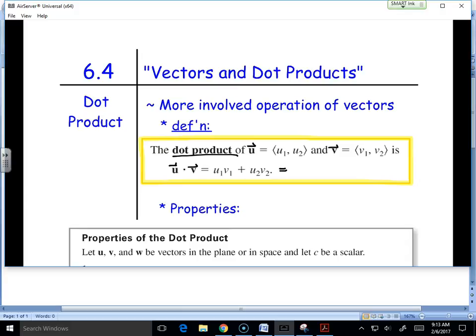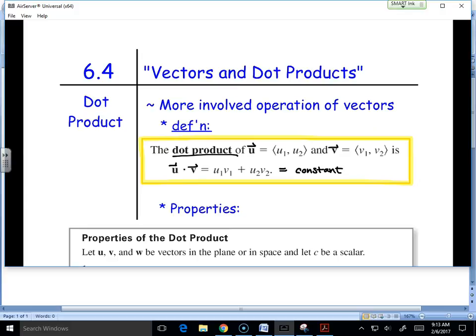But when you multiply 2 vectors together, it's actually mostly useful as a tool to apply. So it does not solve for a vector. It solves for a constant, which is a little weird. So you guys have been doing a lot of math where if you start with a vector, you end with a vector.